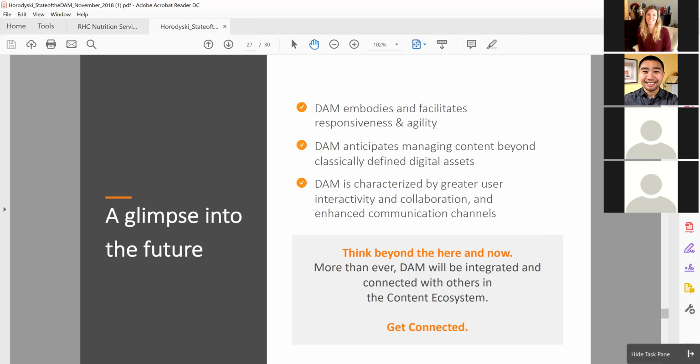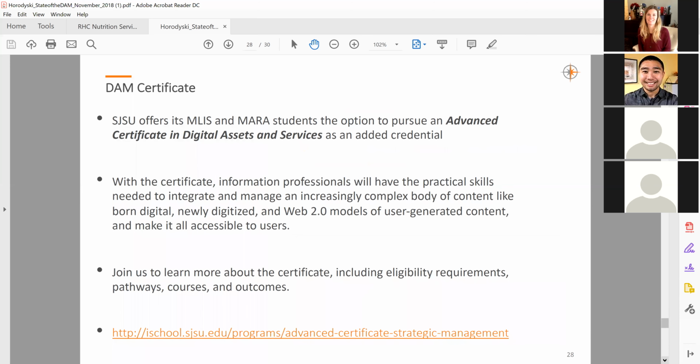So this leads me into the next few slides, which are very specific because I think many of you on this webinar might have some interest in what DAM can be. And I think the DAM certificate is one of those areas to consider. Is that something you want to have going forward? So you may know that there is an advanced certificate in digital assets and services within the university.